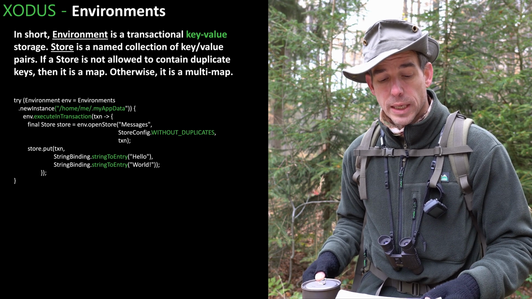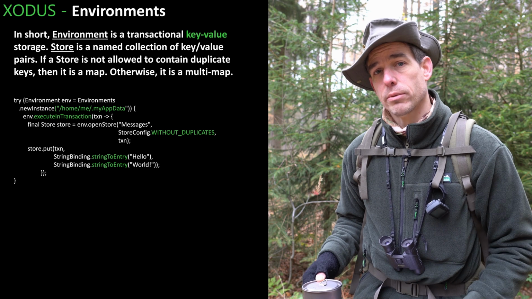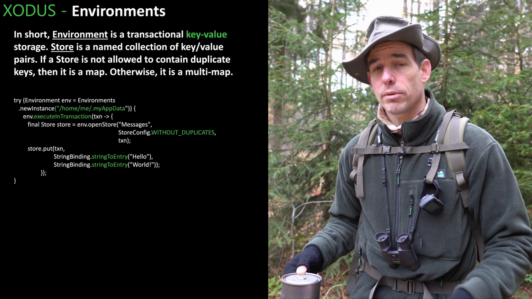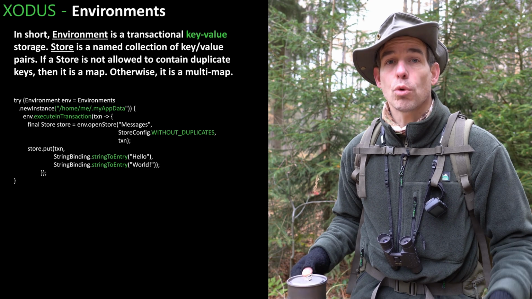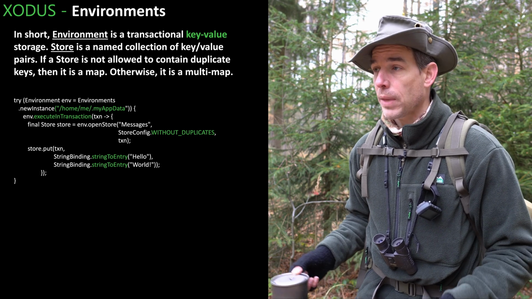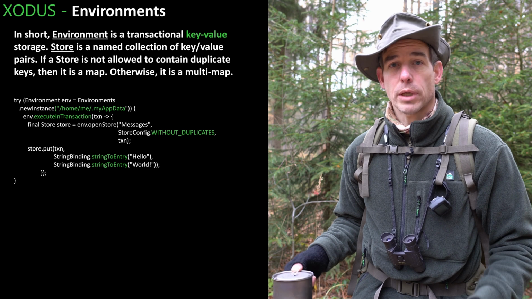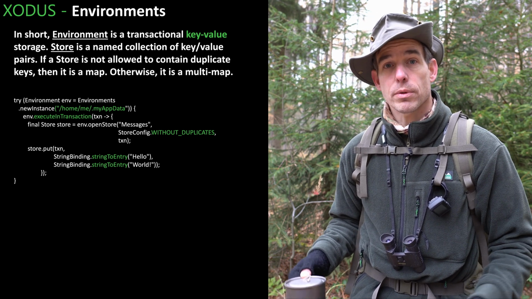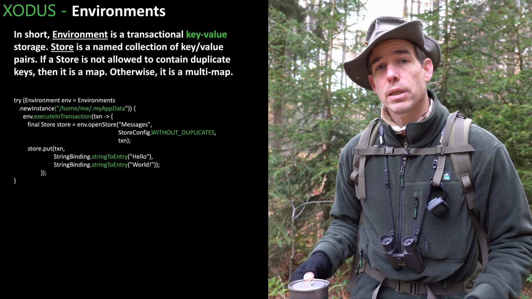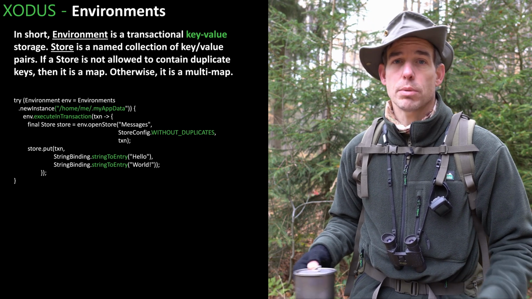So you have this executing transaction. You will get this transaction entity that you're using for different commands, and then you are opening a store. A store will have a name, so you can have multiple stores. You have to give them names, and then you have to decide if this store is with duplicates or without duplicates.